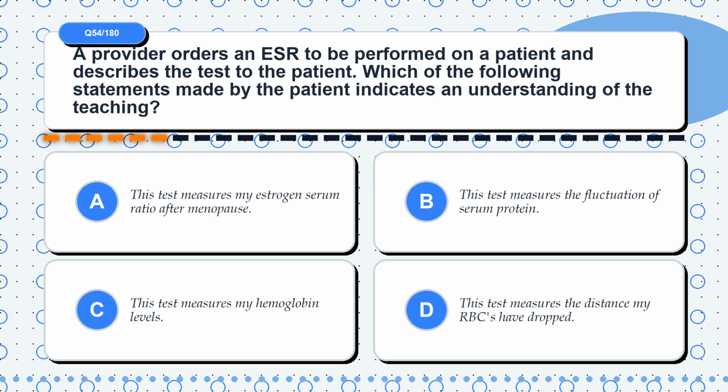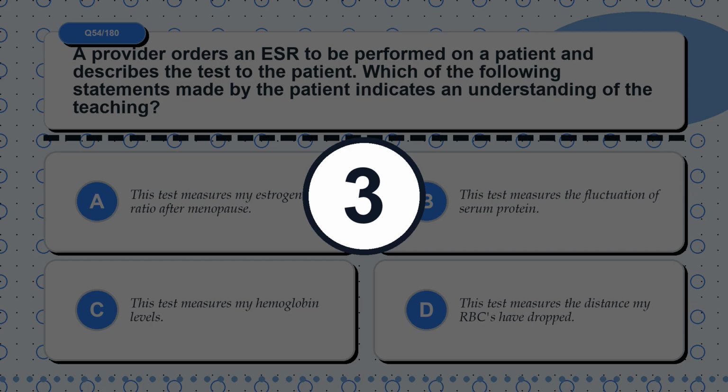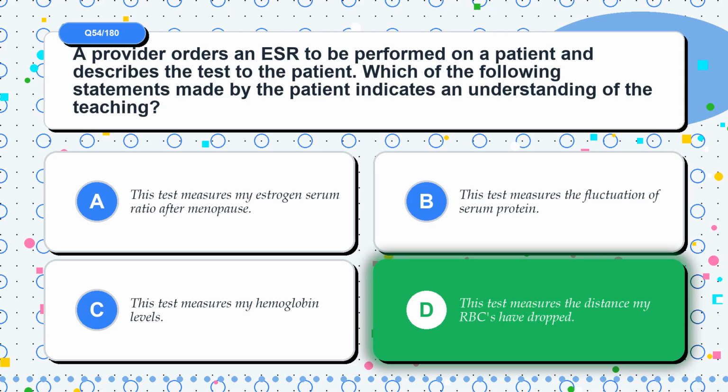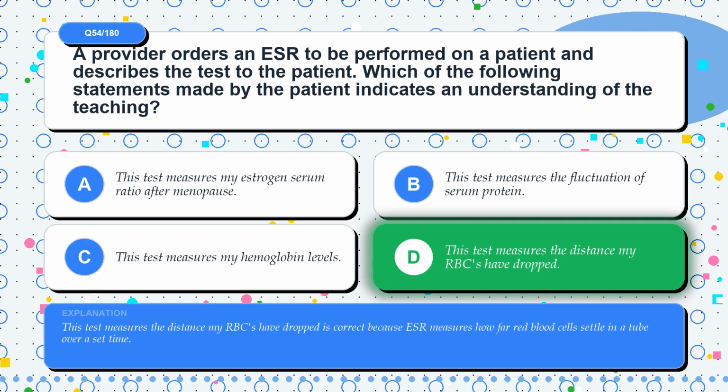Option C, this test measures my hemoglobin levels. Option D, this test measures the distance my RBCs have dropped. The correct answer is option D. This test measures the distance my RBCs have dropped is correct because ESR measures how far red blood cells settle in a tube over a set time.